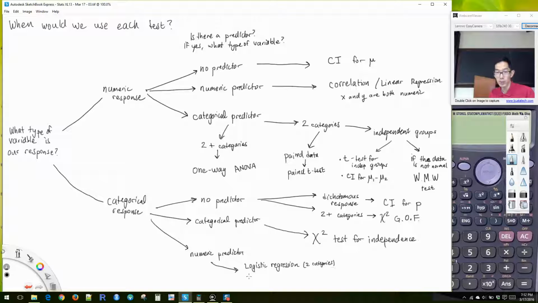If you have more than two categories, this is called linear discriminant analysis. It's just a fancy name for the same thing. So we haven't covered that. I'll just write not covered.